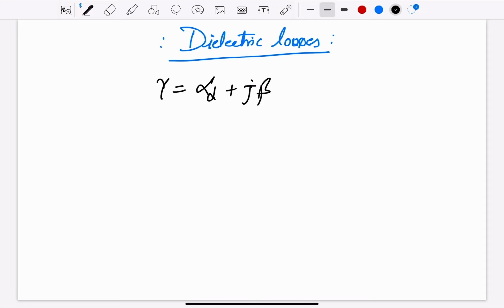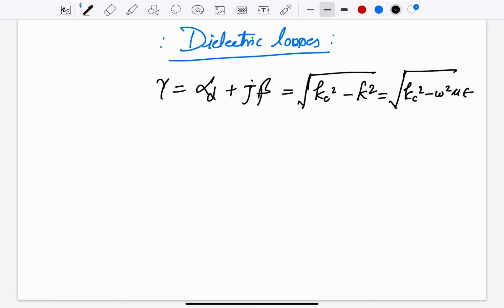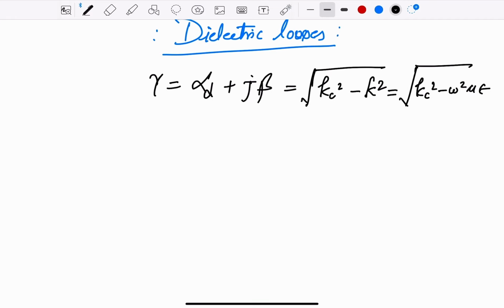This can be further written as kc squared minus omega squared mu epsilon. Another assumption is that the magnetic loss in the dielectric is very small or negligible, so in that case you can write mu equals mu naught.